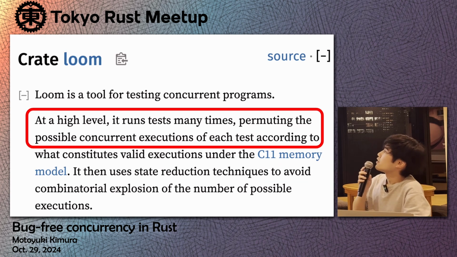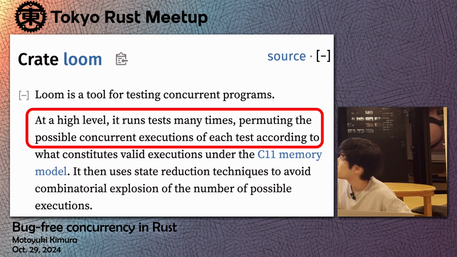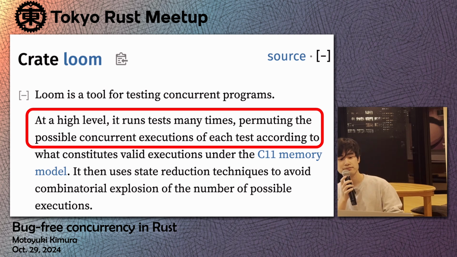The Loom crate is a testing library for concurrent programs, and it has a very interesting feature: by using Loom, we can explore all possible program states. You can explore all possible execution paths and check whether there are subtle bugs or not.